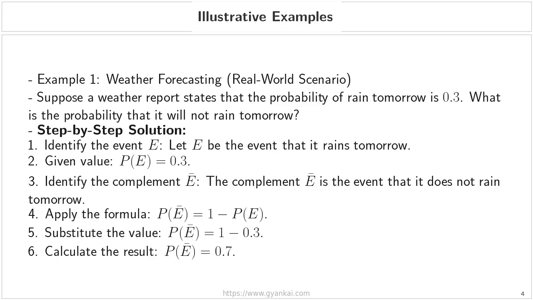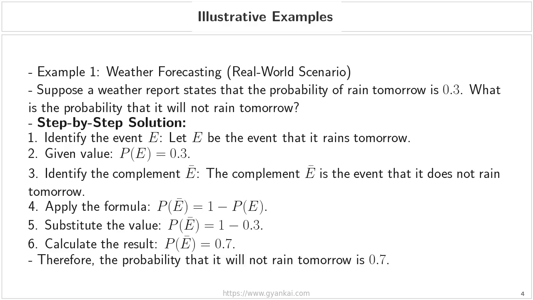Finally, we perform the subtraction to find our result. 1 minus 0.3 leaves us with 0.7. Therefore, we can conclude that the probability that it will not rain tomorrow is 0.7. This simple calculation shows how powerful the complement rule is for finding unknown probabilities. Now, let's try a slightly different scenario involving a die roll in the next slide.